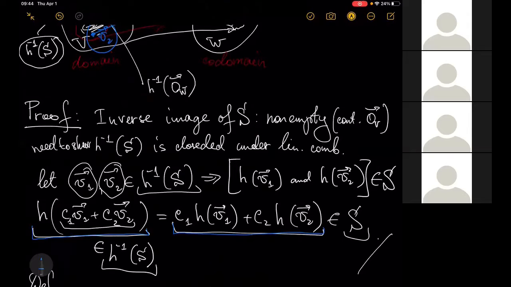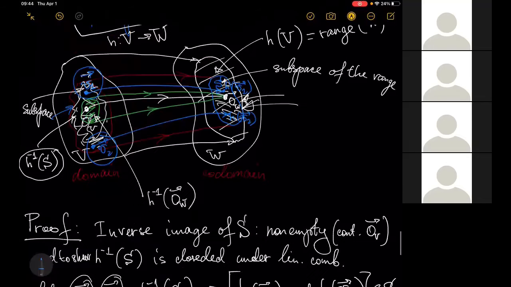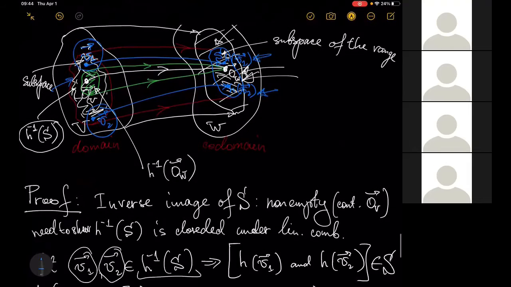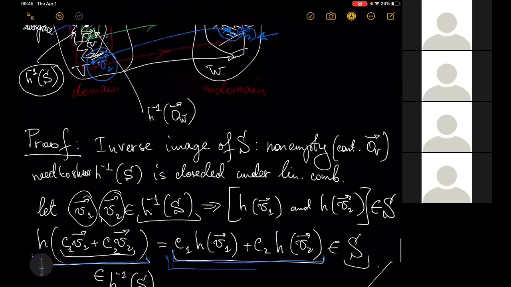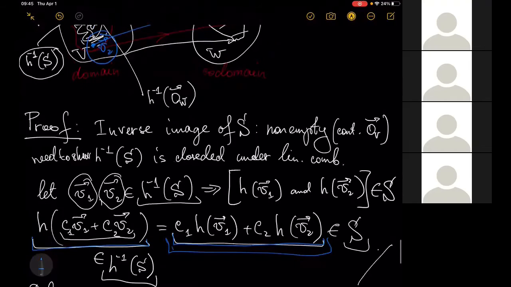Because these are elements of the subspace S, and we know that a subspace is closed with respect to linear combination, right? Yes. So it means that their linear combination also belongs to the subspace S, right?